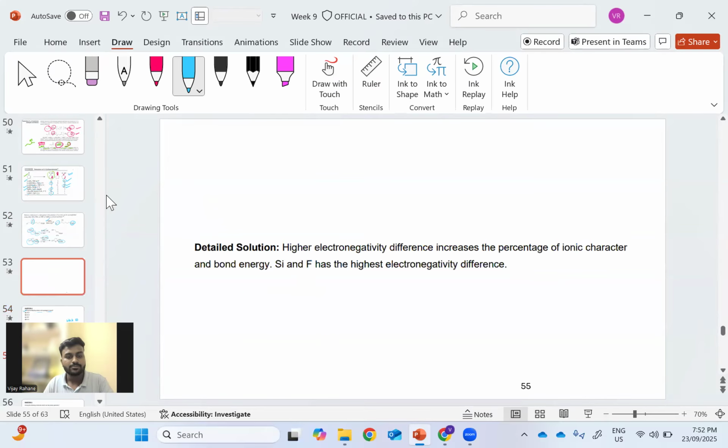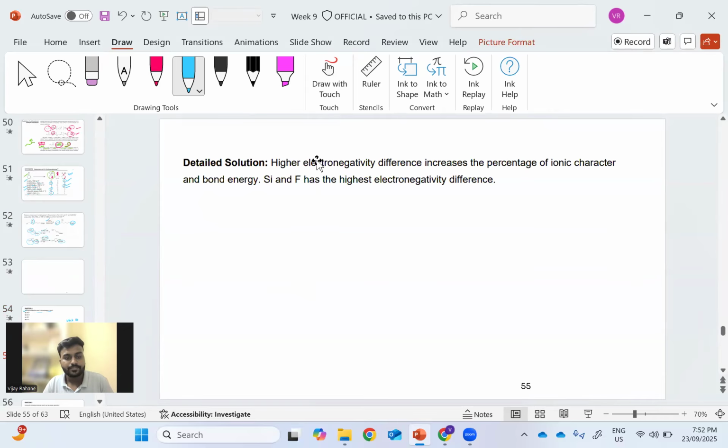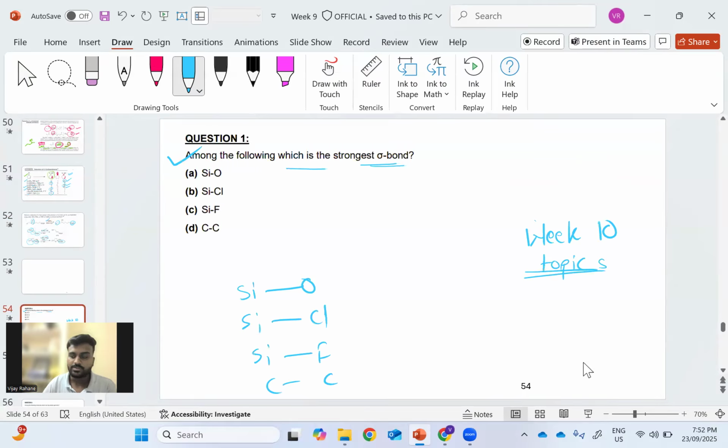With a higher electronegativity difference, the percentage of ionic character and the bond energy increase. Therefore, silicon and chlorine has the highest electronegativity difference, and this bond is the strongest bond.